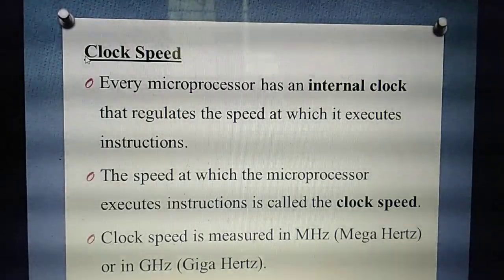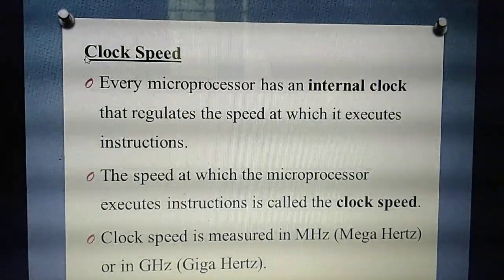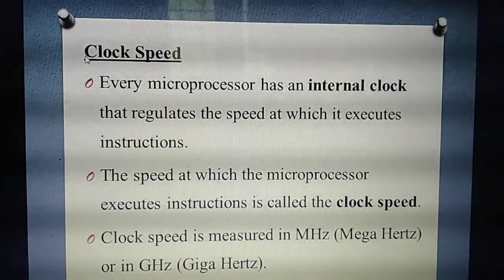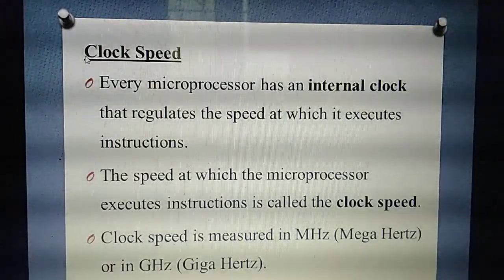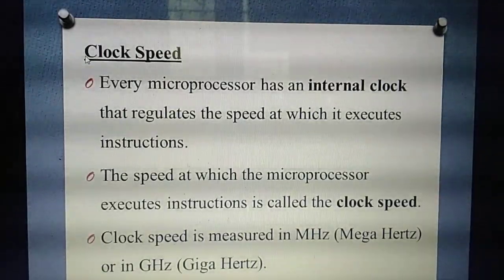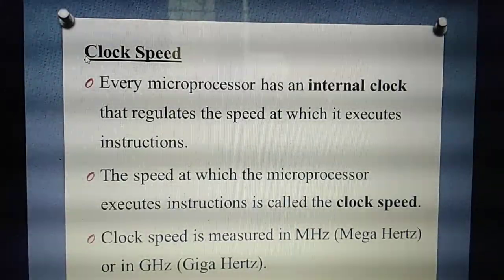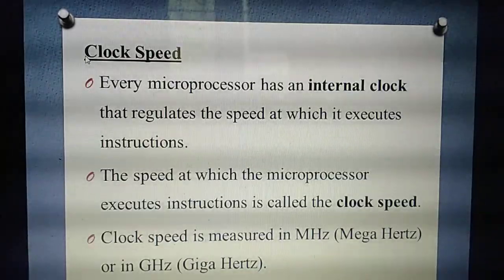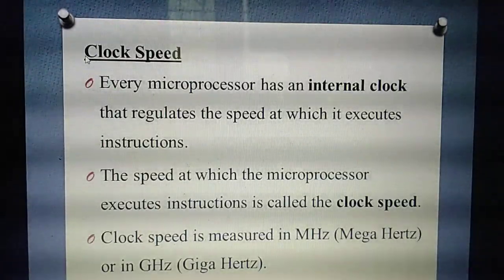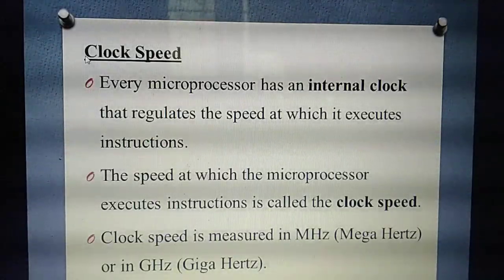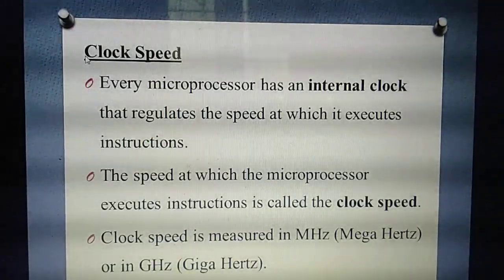You are giving particular instructions as input. The microprocessor will process based on that input, isn't it? So the execution of that instruction is called clock speed. For example, if I give 5 instructions, how many executions will take place? 5 executions. That is called clock speed.